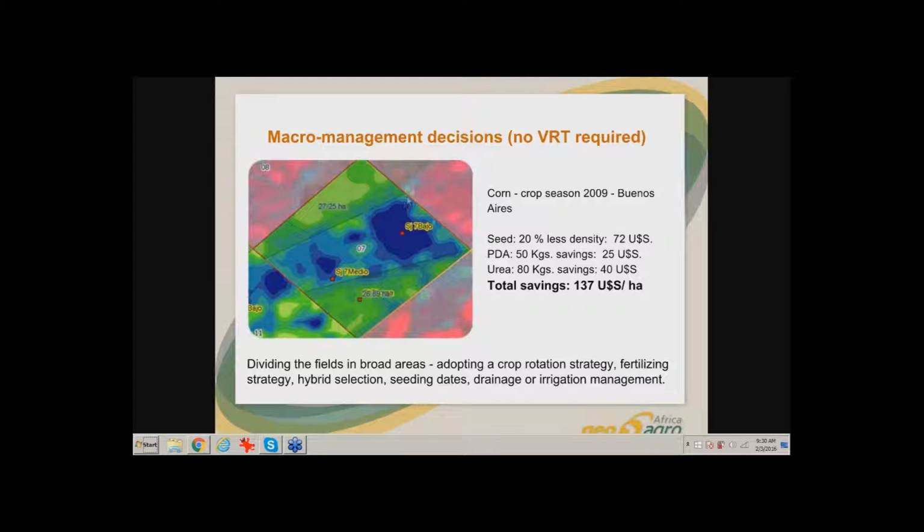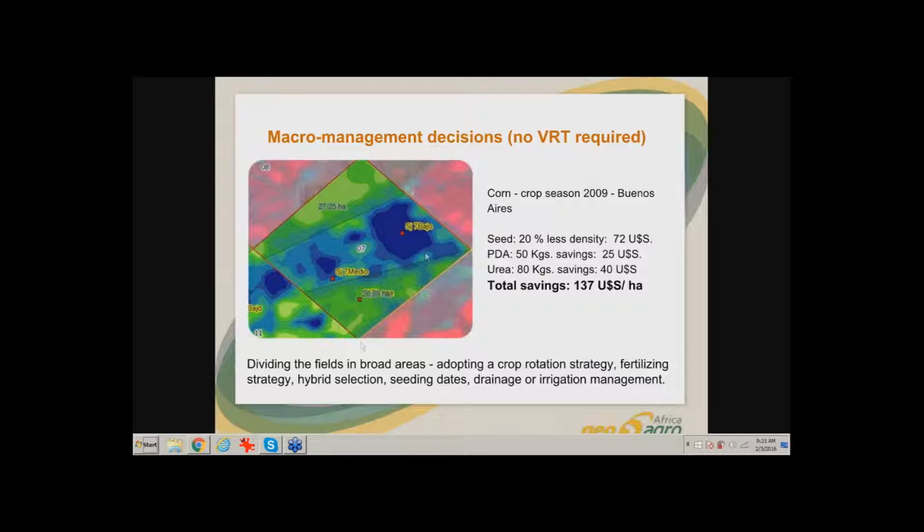Based on the characterization, the decisions made were on seed: a 20% lower density in lower yielding areas that led to a $72 per hectare saving. For PDA, there was a saving of 50 kilograms, and for urea an 80 kilogram saving, which in total was a savings of $137 per hectare without affecting the yields.